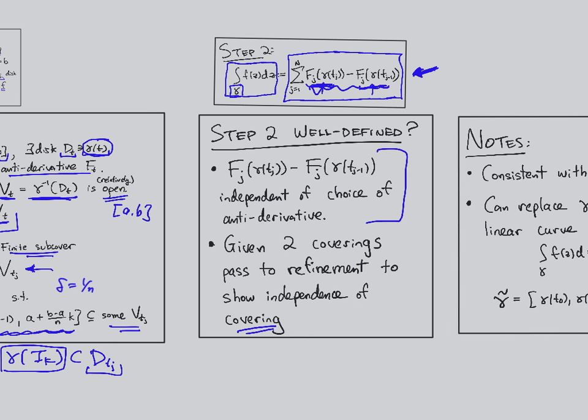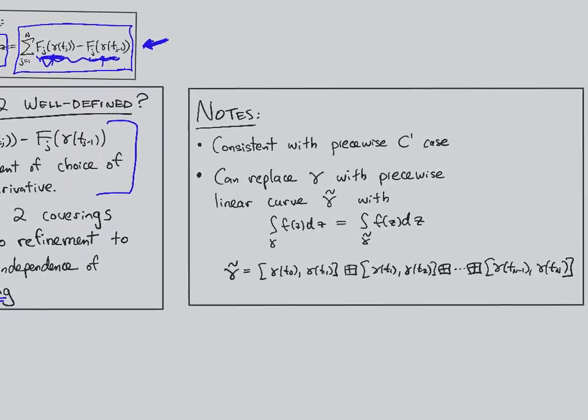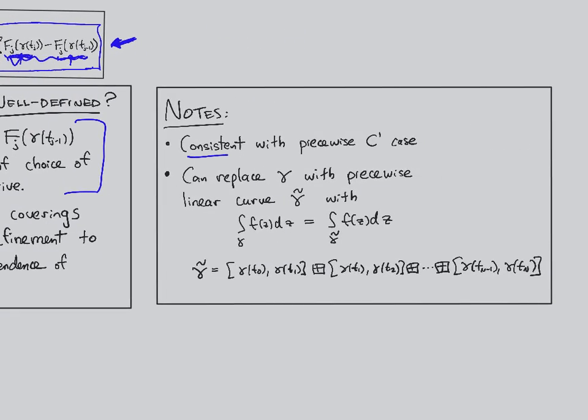There's a little bit to argue there, but basically it's a matter of passing to a refinement and showing you get the same thing on the refinement. And this is consistent with the piecewise C1 case, because it's created directly from a formula we had in the piecewise C1 case.